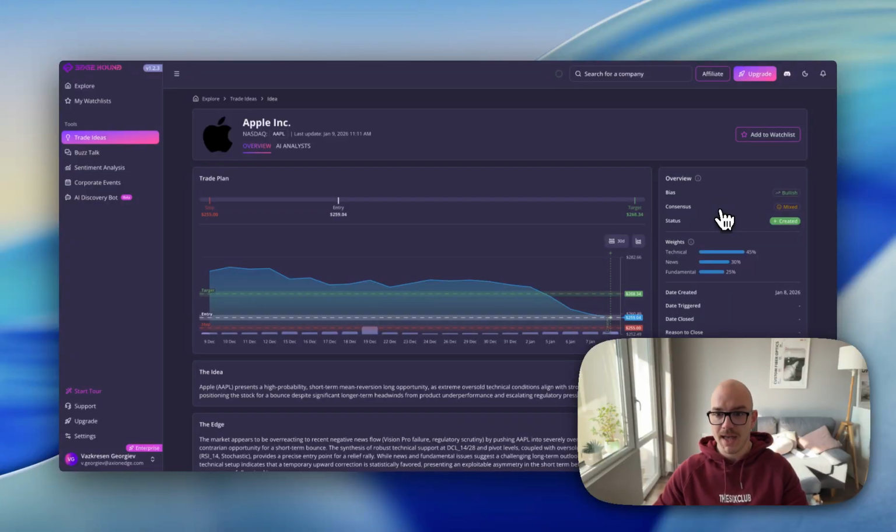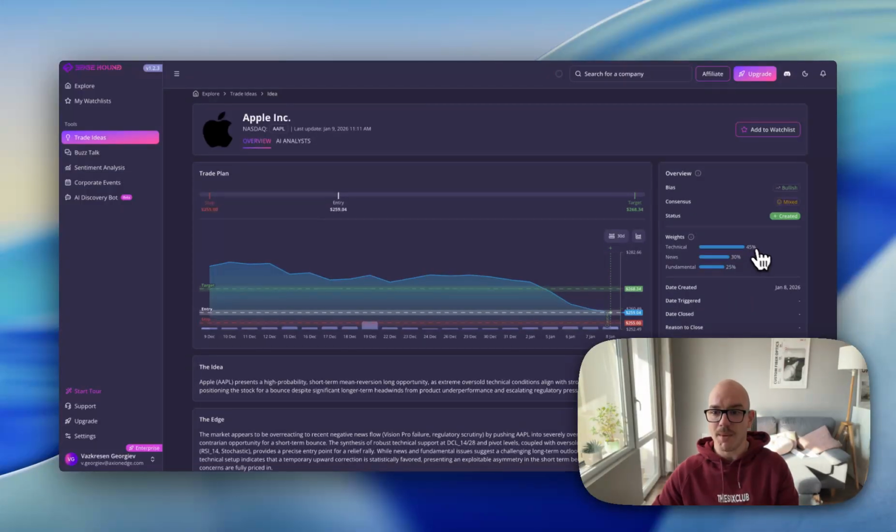Obviously, we have a technical, a news, and a fundamental agent. And what this indicates is whether or not they have a high, low, or mixed confidence about the trade idea itself. And you can see the amount each agent weighed in on this particular trade idea right here with these percentage marks that have been indicated here in the middle section of the overview.